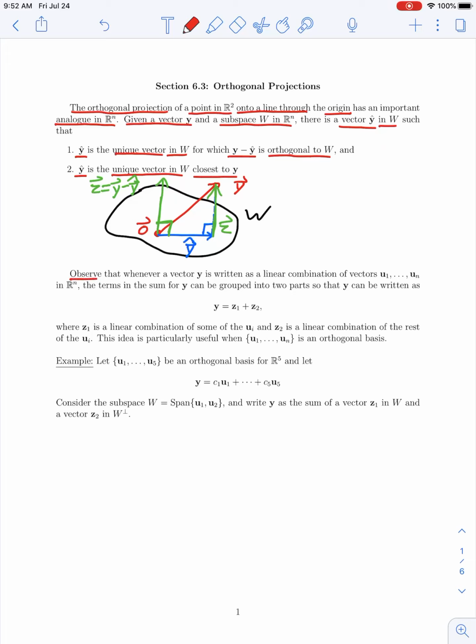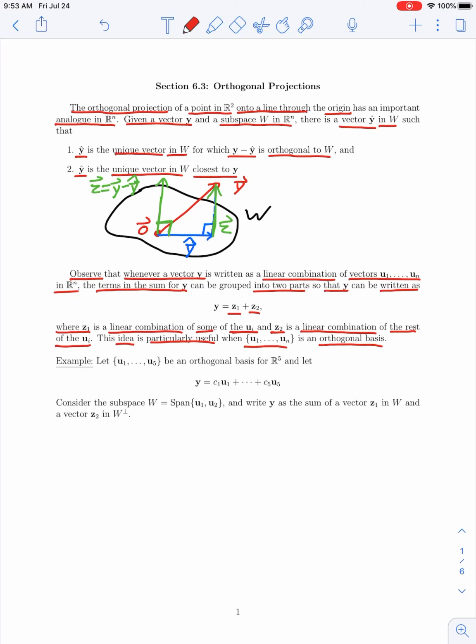Let's note that whenever a vector y can be written as a linear combination of vectors u1 through un, which are vectors in Rn, the terms in the sum for y can be grouped into two parts, so that our vector y can be written as the sum of two vectors z1 and z2, where z1 is a linear combination of some of the basis vectors ui, and z2 is a linear combination of the rest of the basis vectors ui.